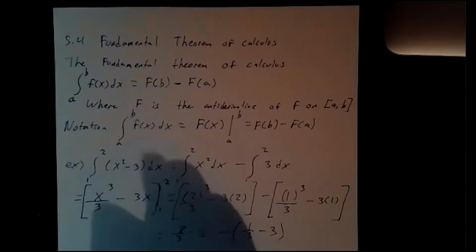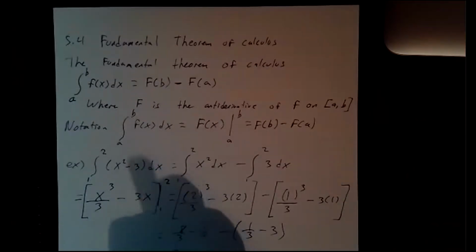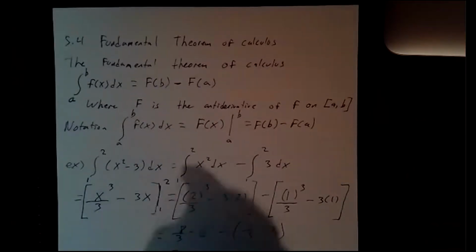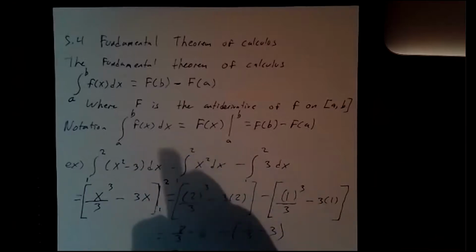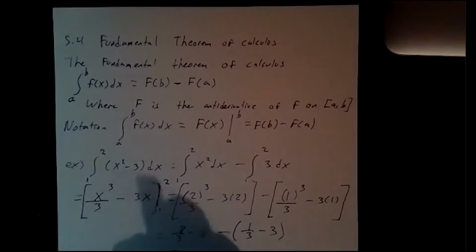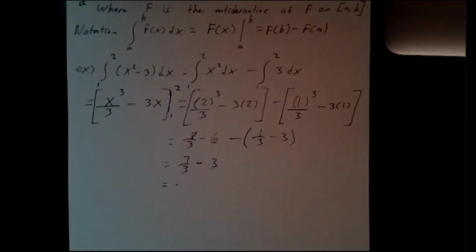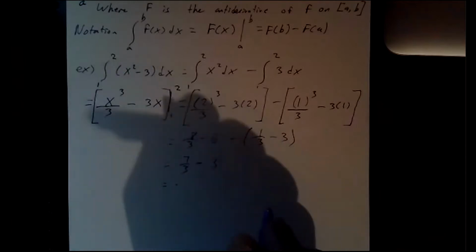So that will be 7/3 minus 3, which will be... Raise it up a little, please. Oh yeah, sure. Sorry. This last part is just fractions. But it should be negative 2/3.